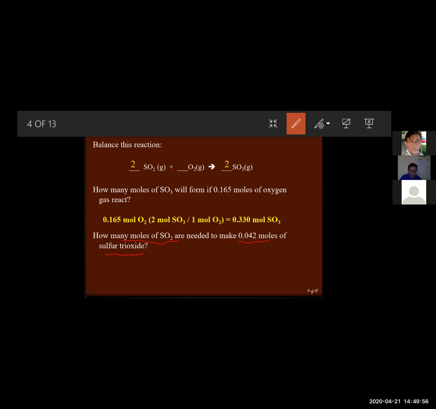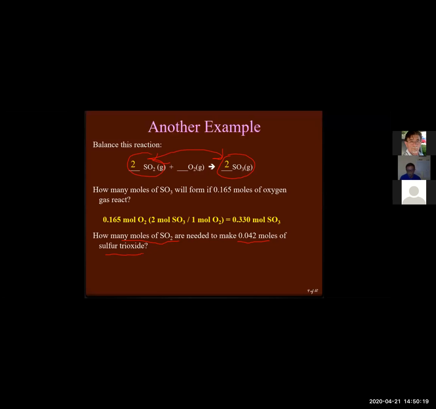And so what we're concerned about is the relationship between sulfur dioxide and the product sulfur trioxide. That's all we care about based on the question. Okay? And we look at the coefficient, it's 2 on both sides. Basically, it's a 2 to 2 ratio or 1 to 1. Okay? Because the 2's will cancel out once we set it up.